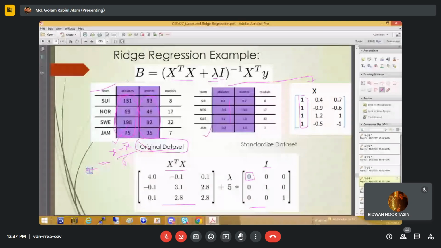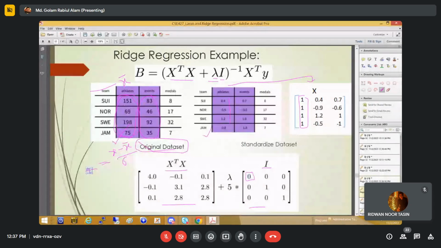We have to subtract the mean from each and every value, like 151 minus x bar, 69 minus x bar, 198 minus x bar, and 75 minus x bar.